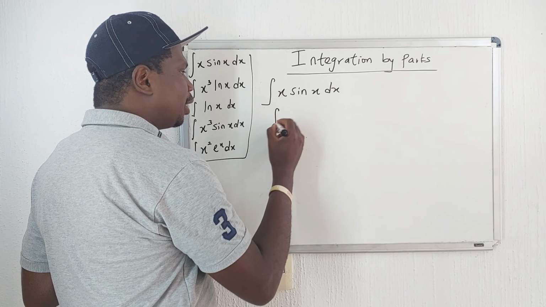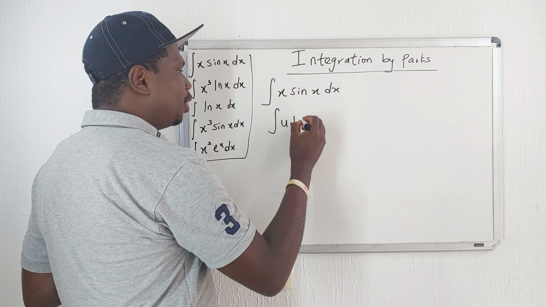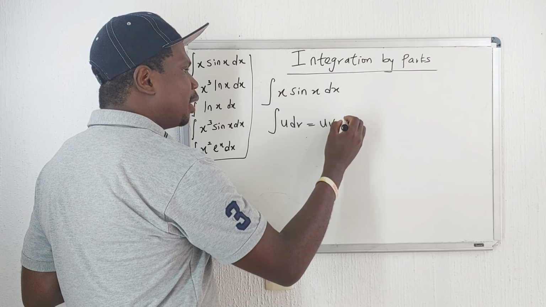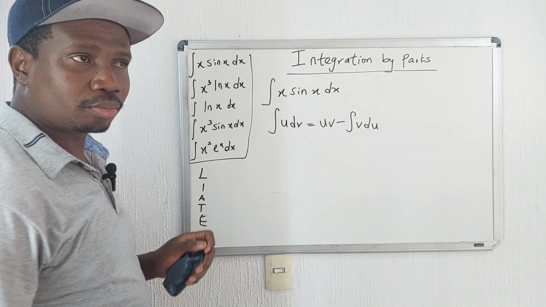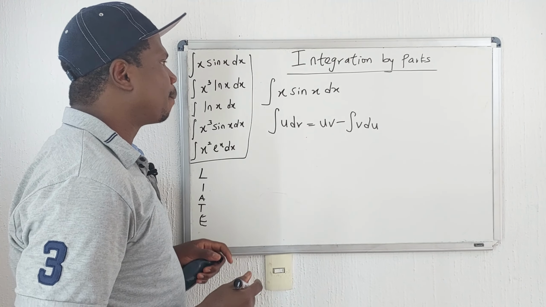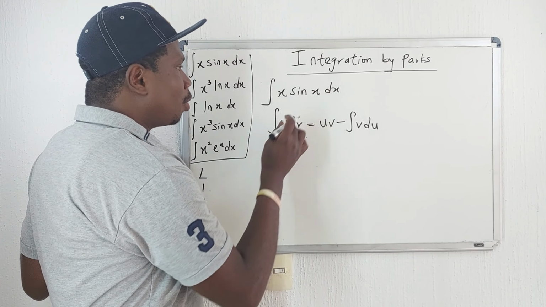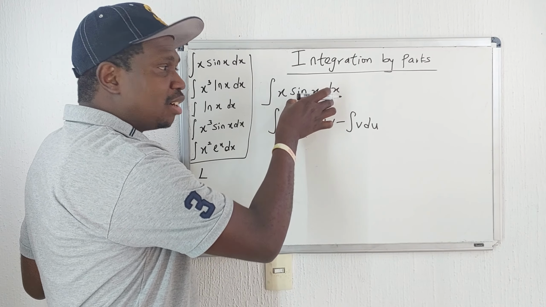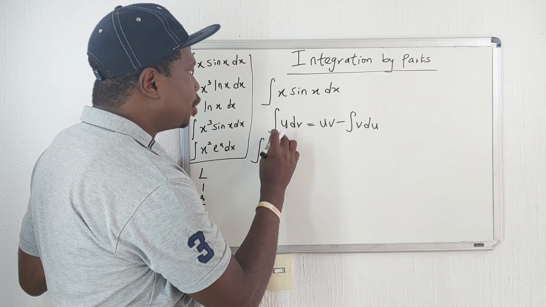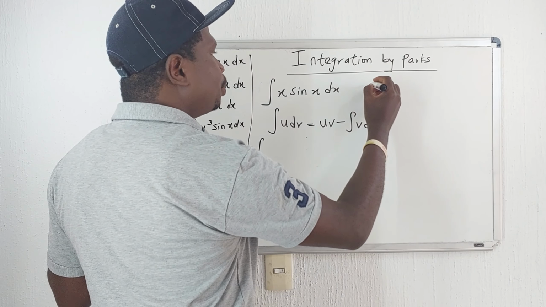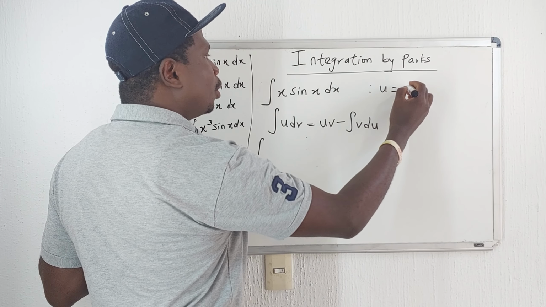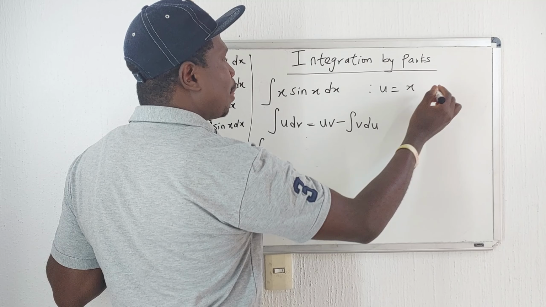Remember the formula, integral u dv is uv minus integral v du. Let our u be x.